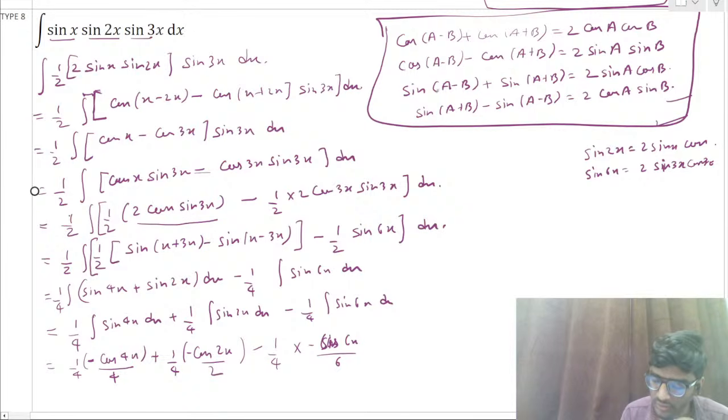Sine of a minus b gives sin a cos b minus cos a sin b, and sine of a plus b gives sin a cos b plus cos a sin b, so this becomes 2 cos a sin b. There is a difference of minus sign. So when we take this integral, we will get plus c.